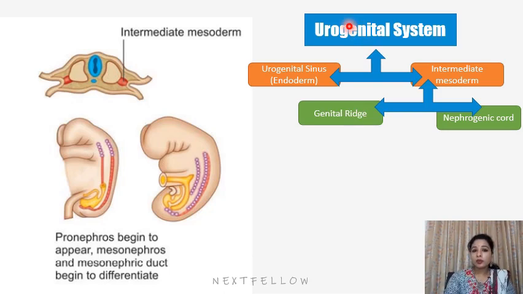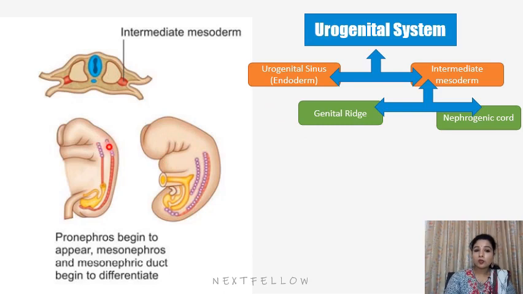The endoderm of the hindgut contributes to the terminal portion of the urinary bladder, whereas the intermediate mesoderm forms the longitudinal elevation along the dorsal body wall called the urogenital ridge. A portion of the urogenital ridge forms the nephrogenic cord, which gives rise to the urinary system. The nephrogenic cord develops into three sets of nephric structures from cranial to caudal.